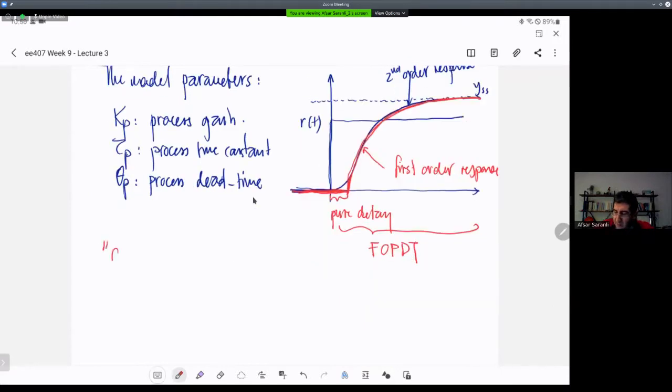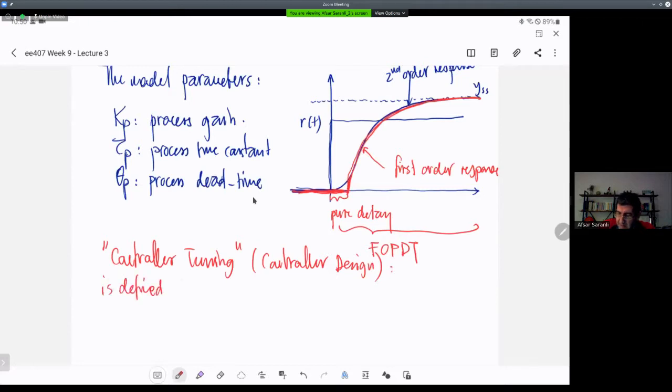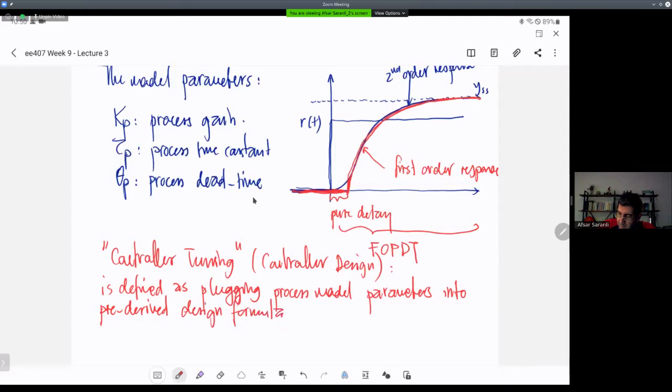in this context, what we call controller tuning, which is nothing but controller design, is basically defined as plugging process model parameters into pre-derived design formulas that can give us good performing controllers, right?